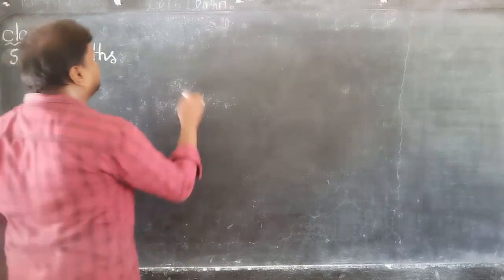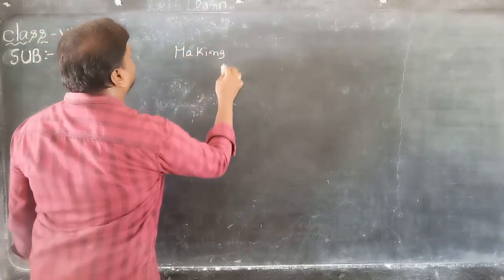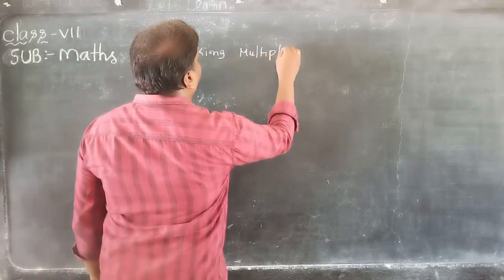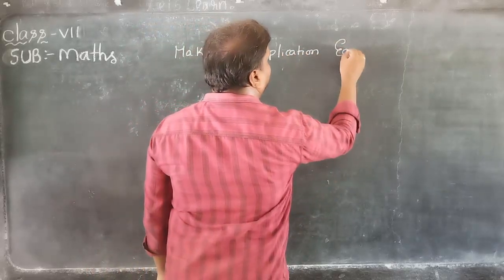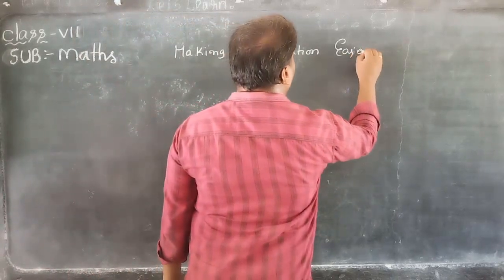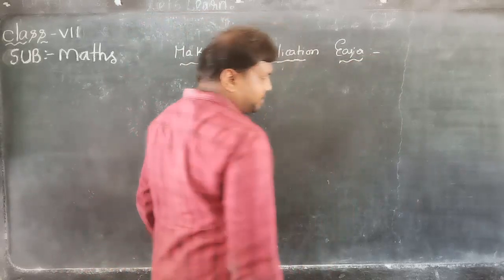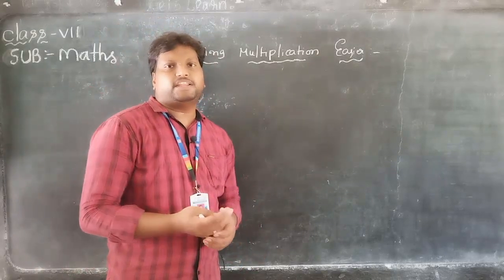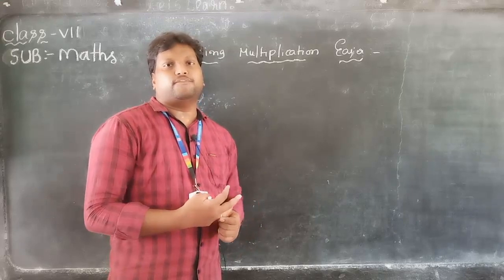Okay, next some more problems we will take. Making multiplication easier. In some problems you have very small multiplications that are easy to solve, but when big numbers are there, what do I do?